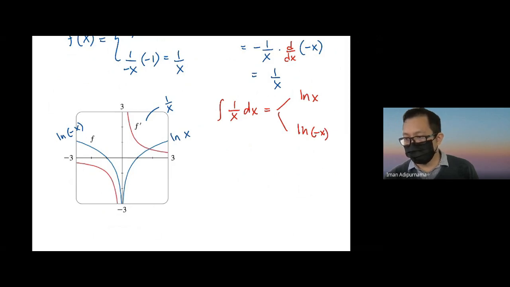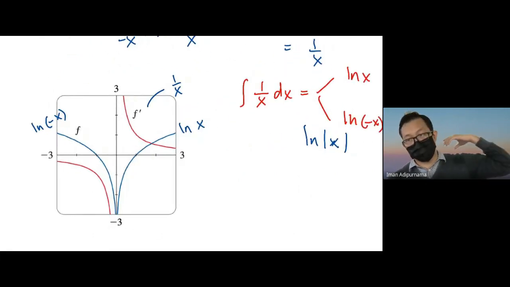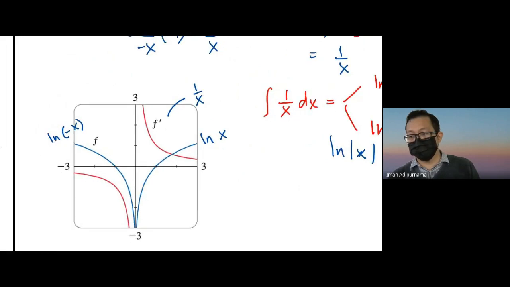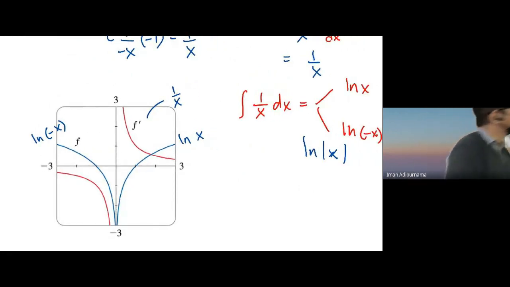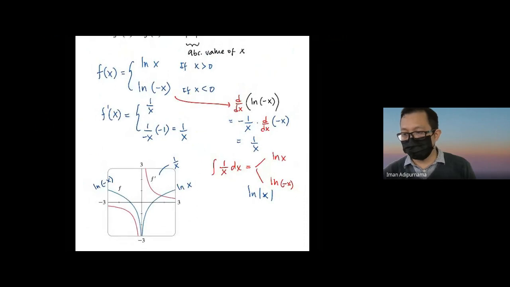So it's better to write ln absolute value x. But this is just to keep in mind, okay? Not really in this chapter, but later you will see that when you take the antiderivative, the integration of 1 over x, it can be ln negative x or ln x, okay? So this is, I think, important to keep in mind.